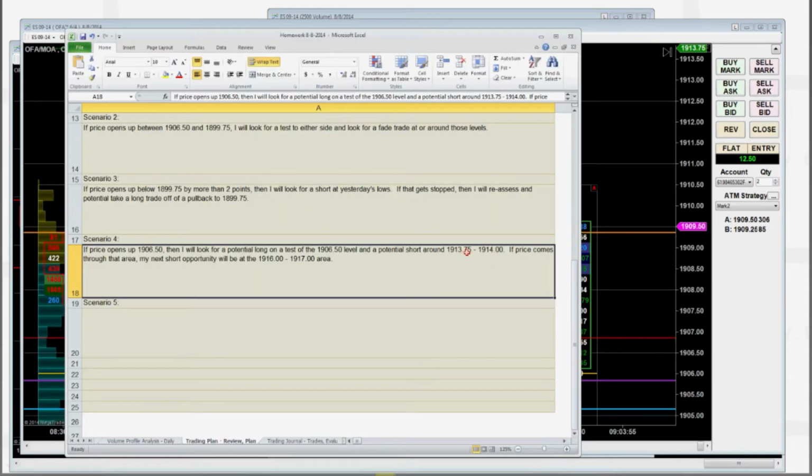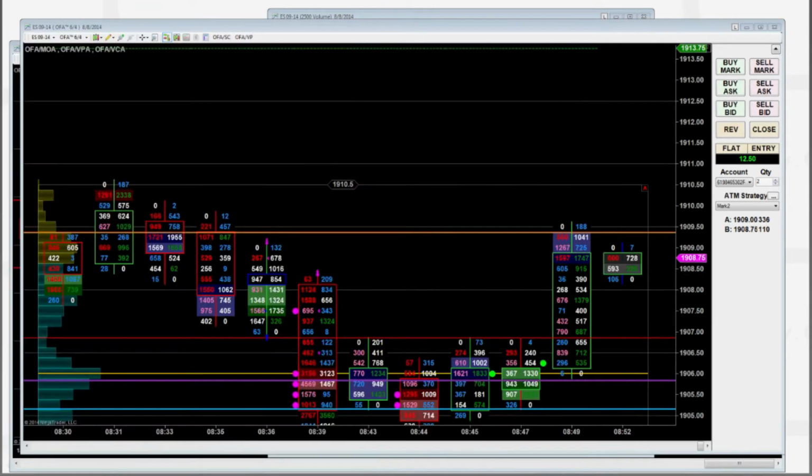And this is where it dropped in the overnight or in the pre-market. It hit 1913.75 in the pre-market to the tick. The last swing high I had marked, closing swing high at 575. It hit 1375 in the overnight, in the pre-market here, and then started coming down from there.